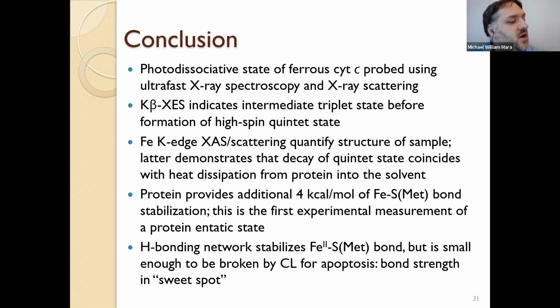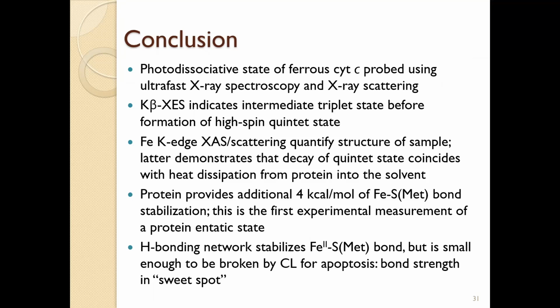Now, it is worth noting that, of course, in the MET rebinding, we are looking at the conversion of the quintet to singlet species, which means that the heme core expansion should retract, for lack of a better way to say it. It's not clear to me, are you asking how that energetically affects the entatic state? Yeah.